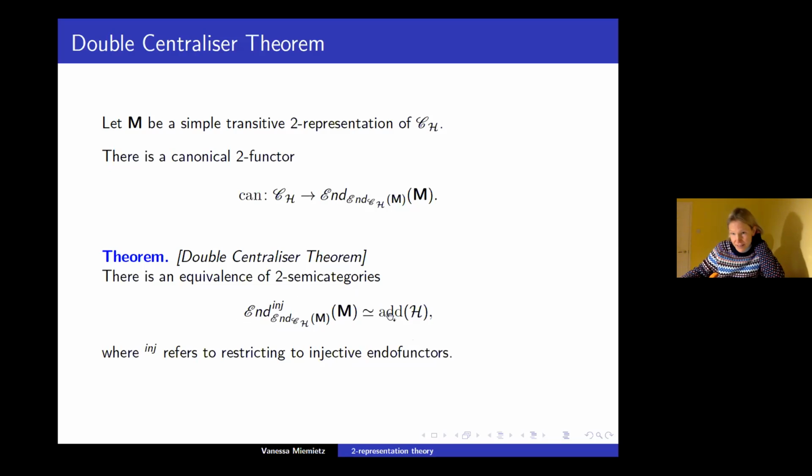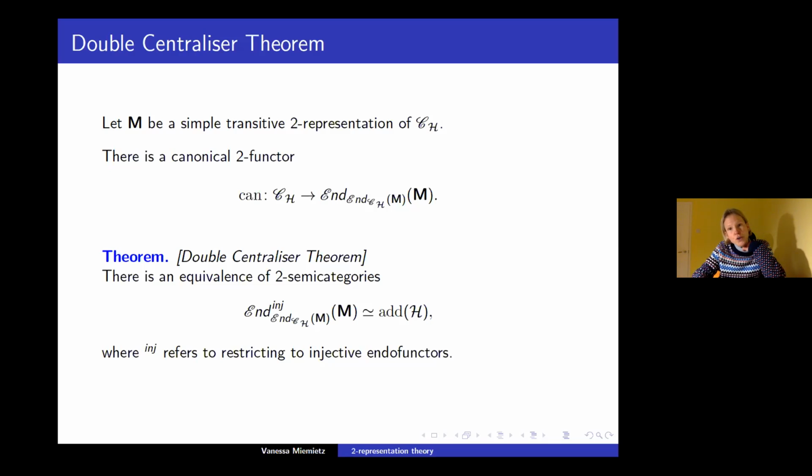So we can't necessarily get the identities, but then these don't have identities, but they are 2-semi-categories, and they're equivalent as 2-semi-categories. So this is somehow the best categorification of a double centralizer theorem that you can get here.